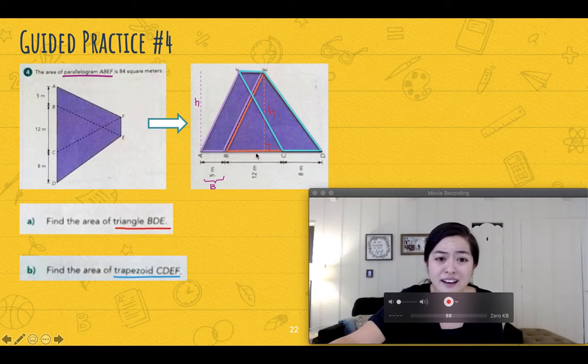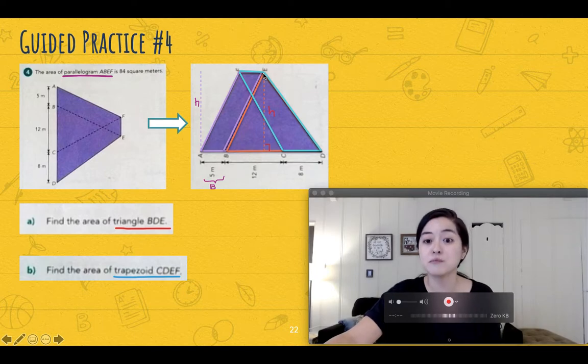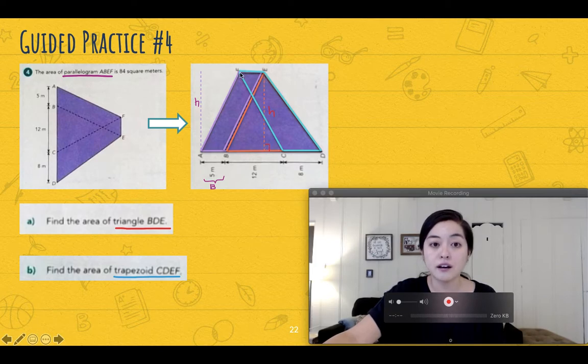And notice that the height of this triangle, which is the height of the parallelogram, is the same as the height of this blue trapezoid. Remember, the height of a trapezoid is the distance between the two bases, B1 and B2, where the distance is perpendicular to the bases.